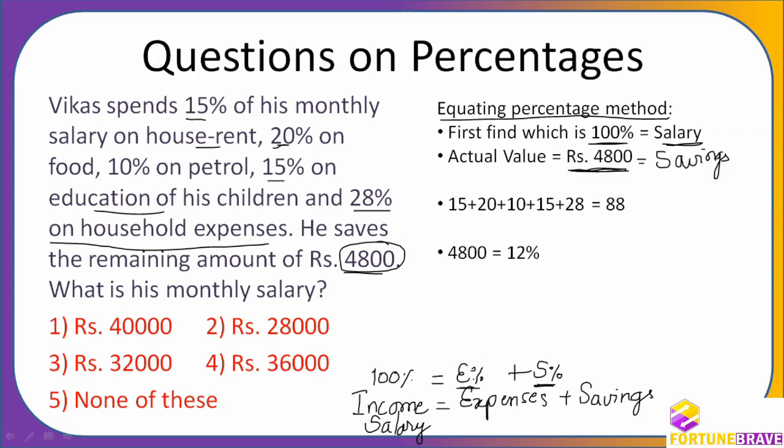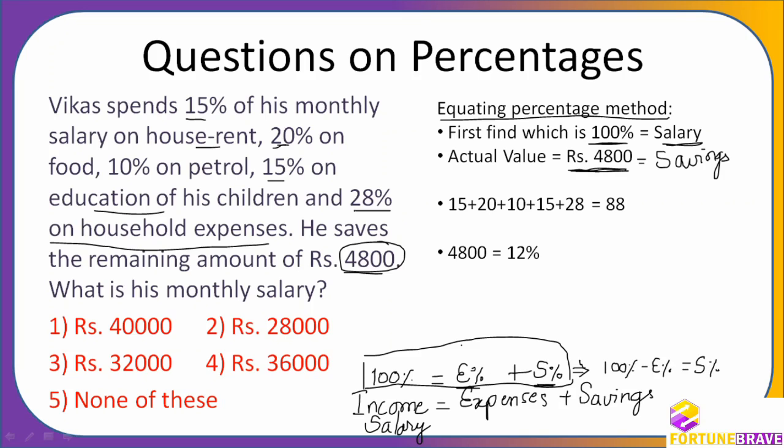So I'll take the information in front of me. 100%. If I add expenses percentage plus savings percentage, it should be equal to 100%, which implies that 100% minus expenditure percentage is equal to savings percentage. Yes or no?